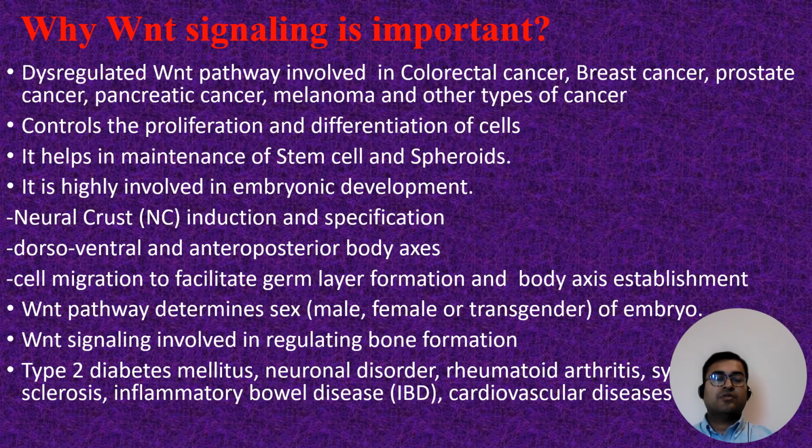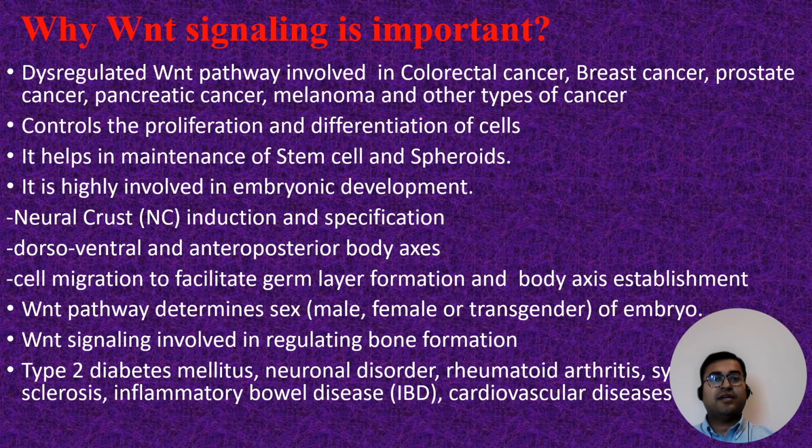Now, so we discussed so far two types of Wnt signaling pathway, canonical Wnt signaling pathway and non-canonical signaling pathway. Now, why is this important? Why should we study this Wnt signaling pathway? So this slide highlights the different aspects where this Wnt signaling is involved. Wnt signaling is involved in the development of different types of cancers.